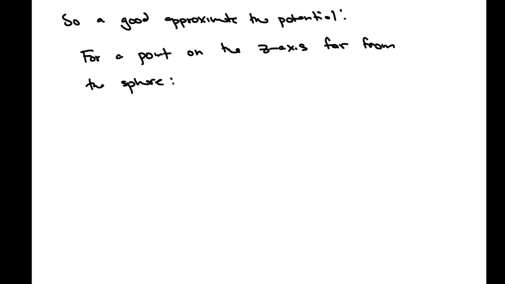So as long as I'm far from the sphere, then the potential is going to look a lot like just that first non-zero term, which is the quadrupole term, which I can write as 1 over z to the third, since z is my r distance now, times all that other good stuff, k pi squared R to the fifth, divided by 48.